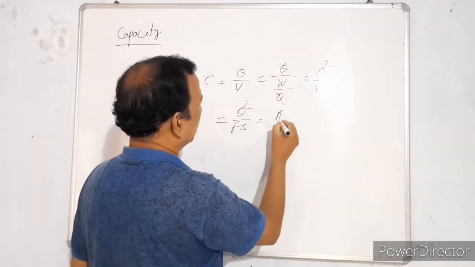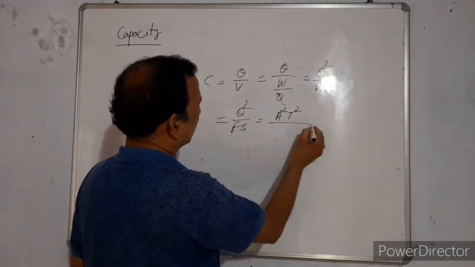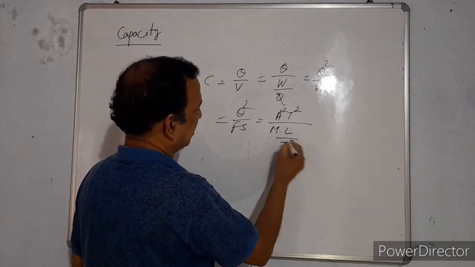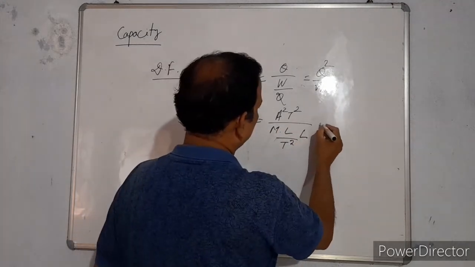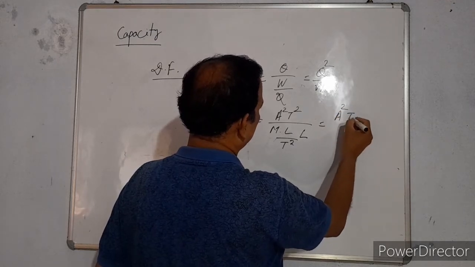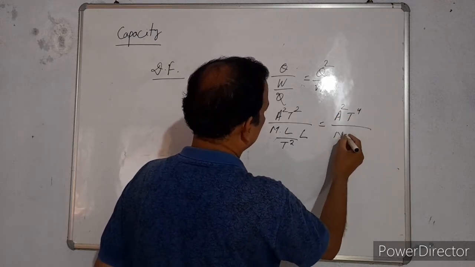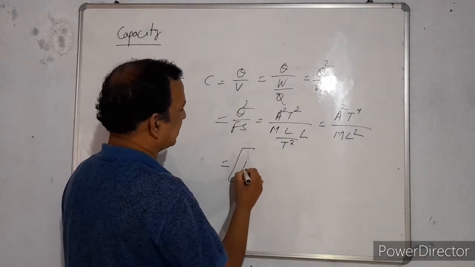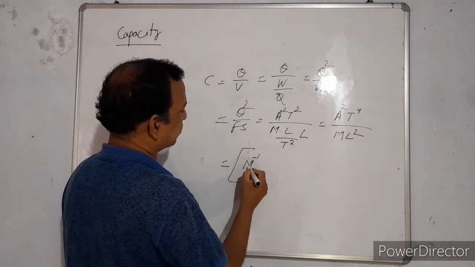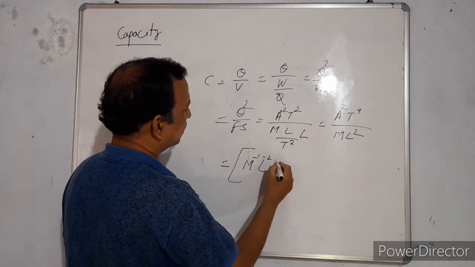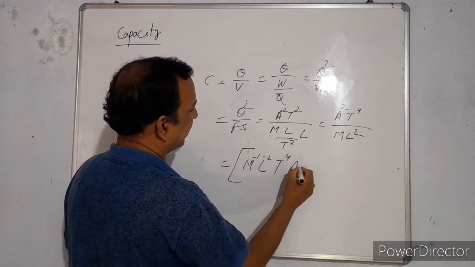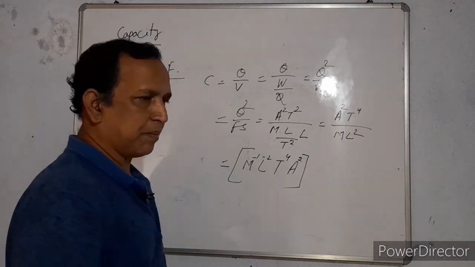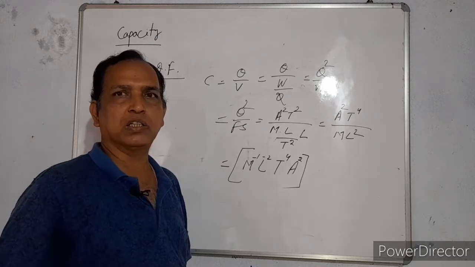Q square is equal to A square T square. F is equal to MA, M into L by T square. S is the L. So that is equal to A square T4 by M L square. So dimension formula is M to the power minus 1, L to the power minus 2, T4 A2. This is the dimension formula of the capacity of a conductor.